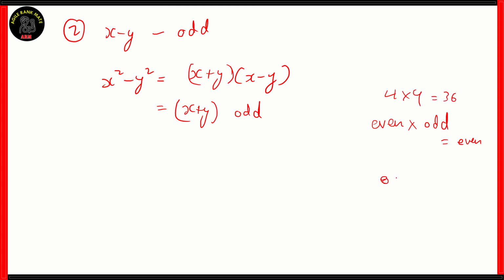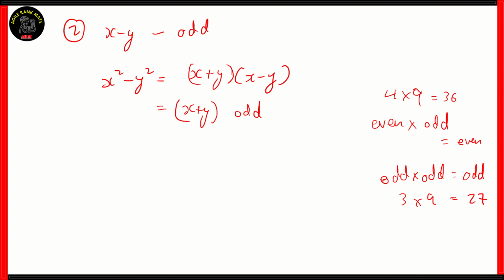So if you had an odd number multiplied by an odd number, that would be an odd product. For example, 3 times 9, which gives you 27. 3 is odd, 9 is odd, 27 is also odd. Whereas in the first case, 4 is even, 9 is odd, and 36 happens to be even.